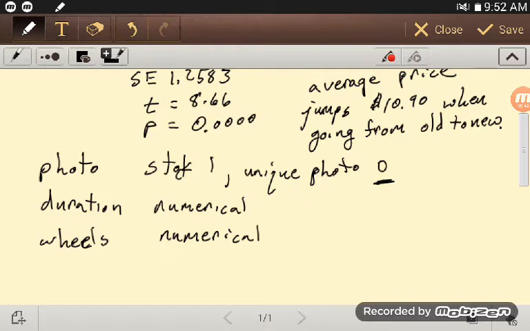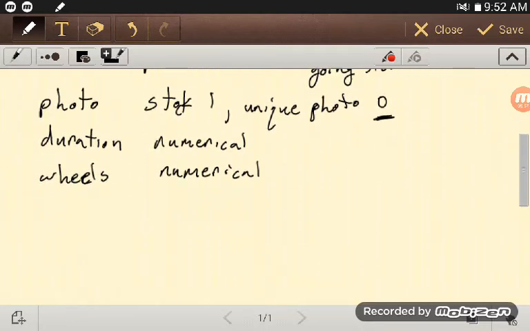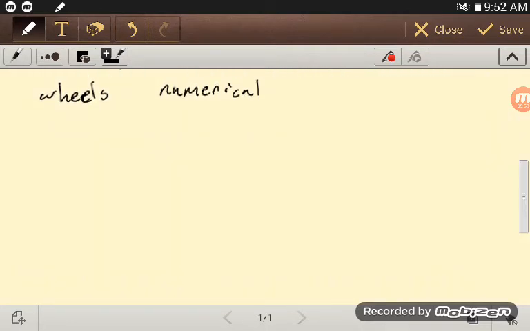A longer auction may get a different price than a shorter auction. And the number of wheels, I don't really understand what that is in the Mario Kart world, but I'll go with it.